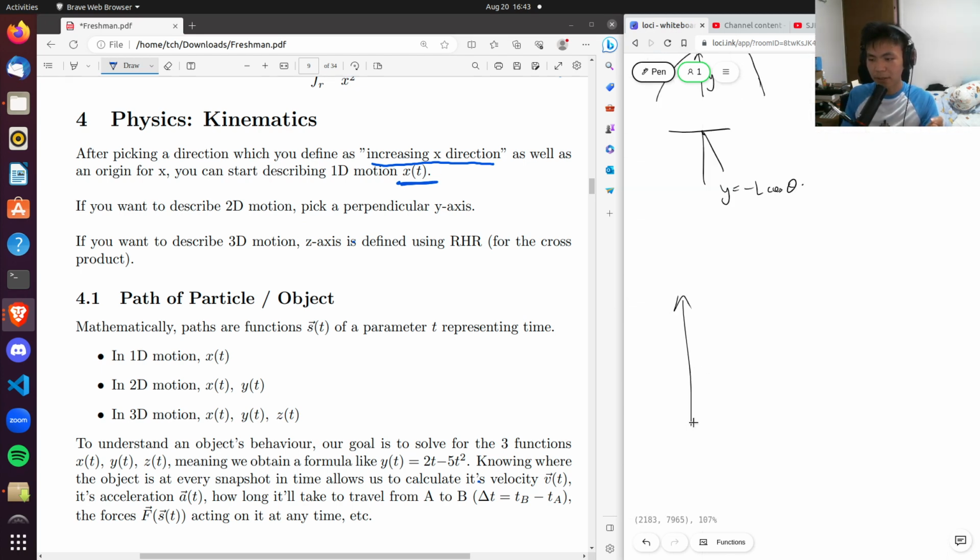So if we pick y to be upward positive and x to be rightward positive, that automatically decides for you that z is out of the page, which means out of page positive. Whereas if you pick y to be downward positive and x to be rightward positive, that automatically defines for you z being into the page positive.